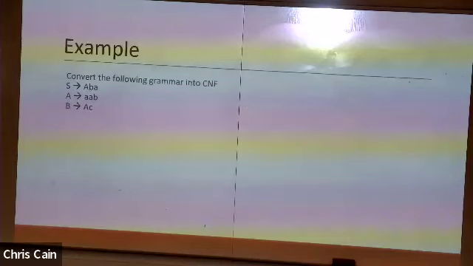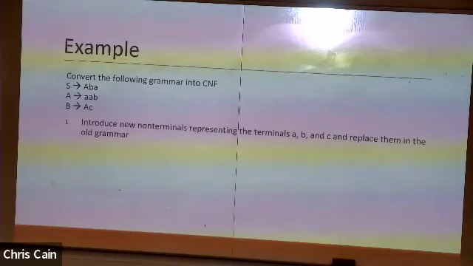All right, so the example is to convert the following grammar into Chomsky normal form. We have these associated non-terminals, productions. So we're going to introduce some new non-terminals representing A, B, and C and replace them in the old grammar. So step one, we're just producing some new rules that lead us to all of the terminals in the language.